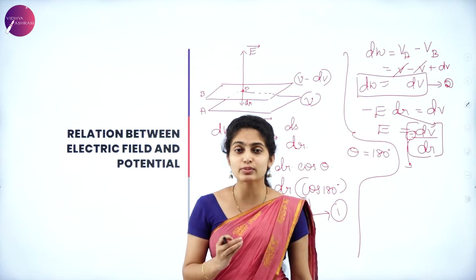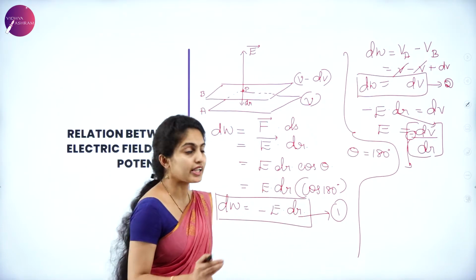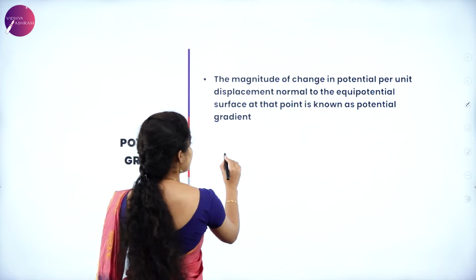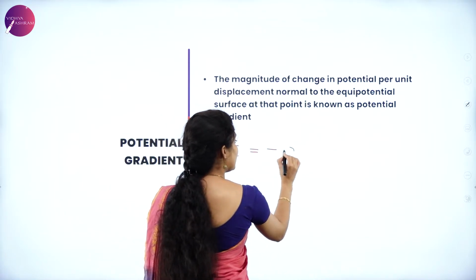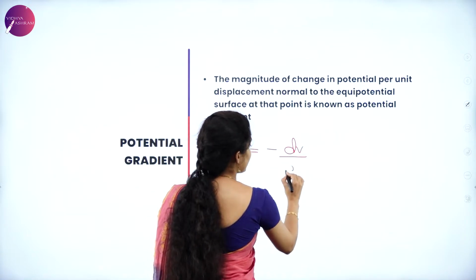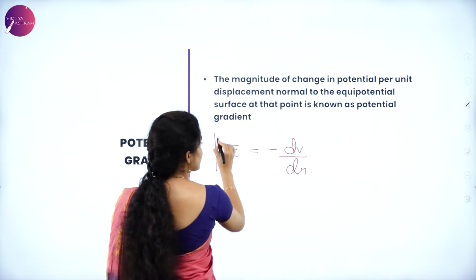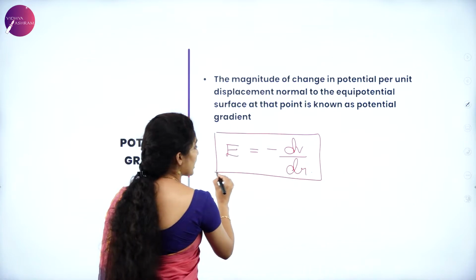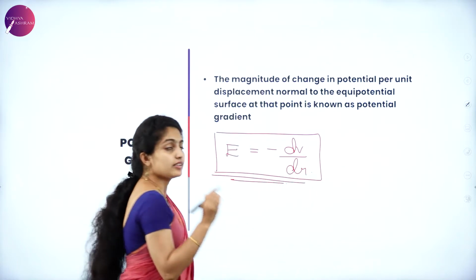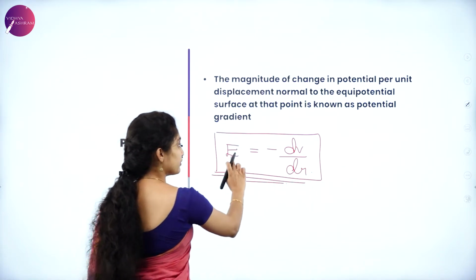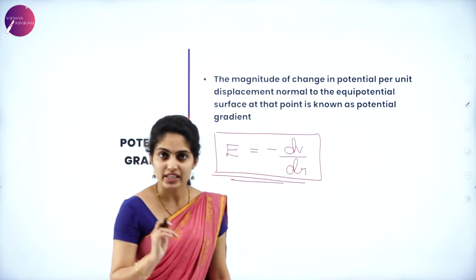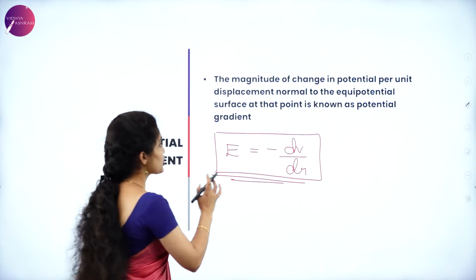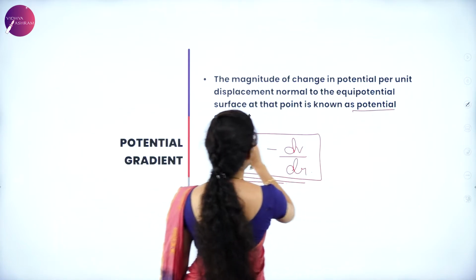So what is meant by potential gradient? Potential gradient means it is nothing but E is equal to minus dV divided by dr. The previous equation, whichever we had got as the relationship between the electric field as well as the potential, is nothing but potential gradient. So how is the potential gradient defined?